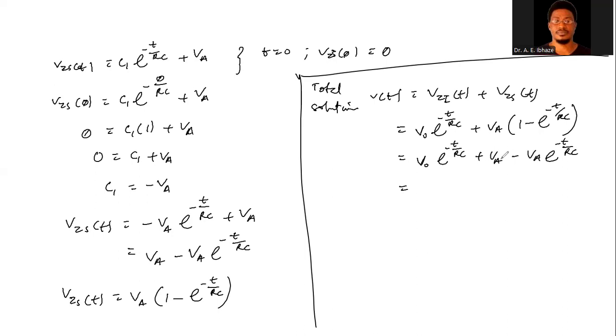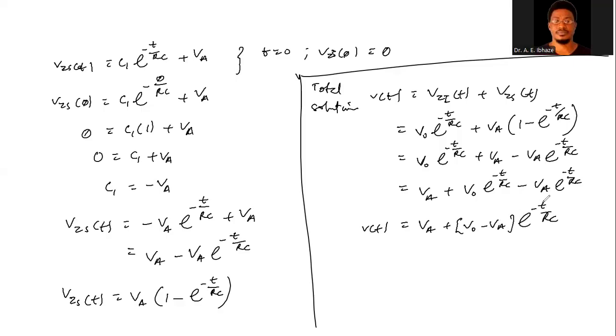This is going to give us VA plus V naught exponential minus t over RC minus VA exponential minus t over RC, collecting like terms. Then this V of t will be equal to VA plus V naught minus VA exponential minus t over RC.